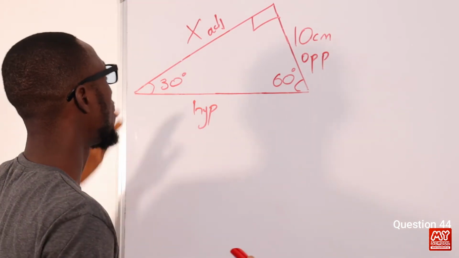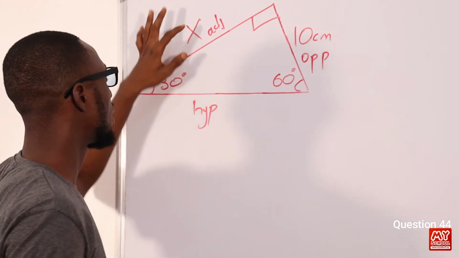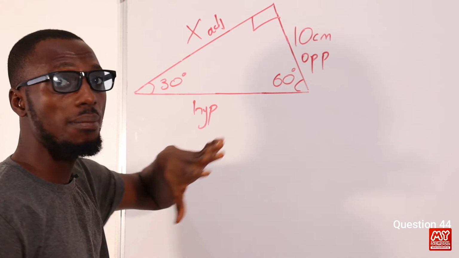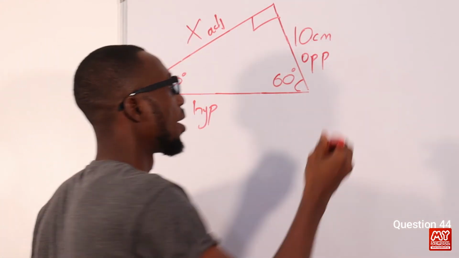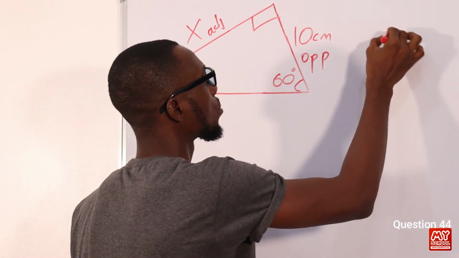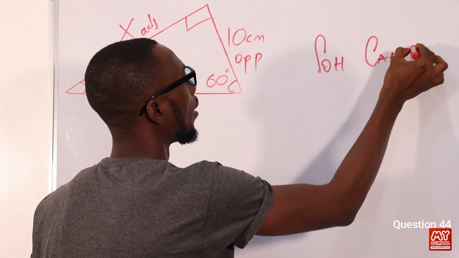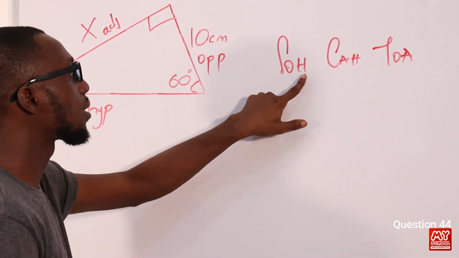So X falls to the adjacent side. Okay, so you may ask, what do we need to do? You can just look at all of these values or metrics given, and see which of them has adjacent in it. So let's go through them. We have cos, and we have tan. So you can say this is opposite over hypotenuse.